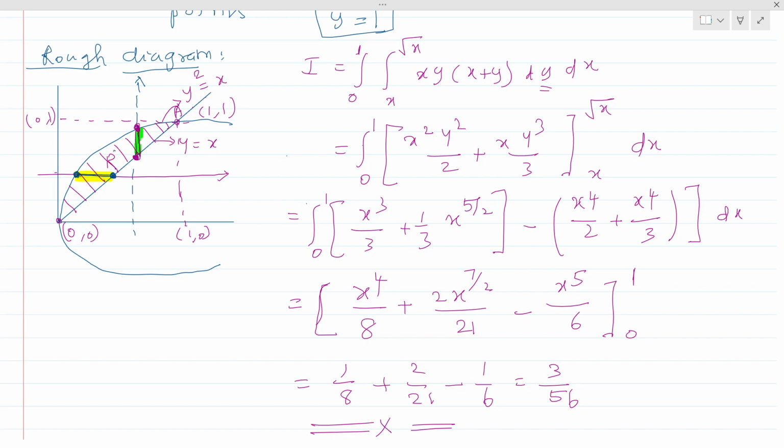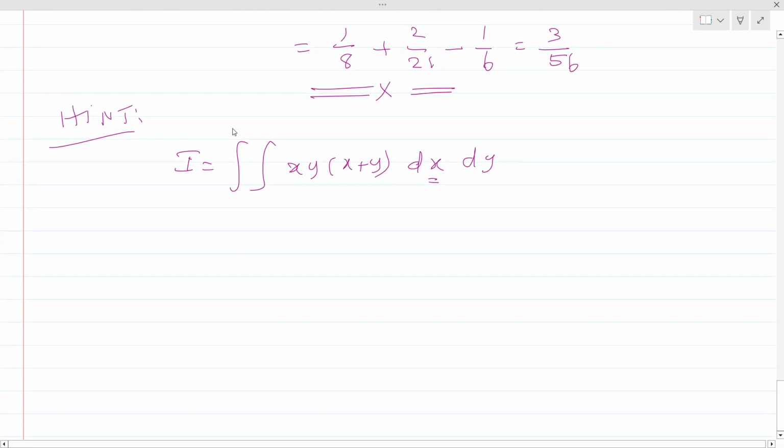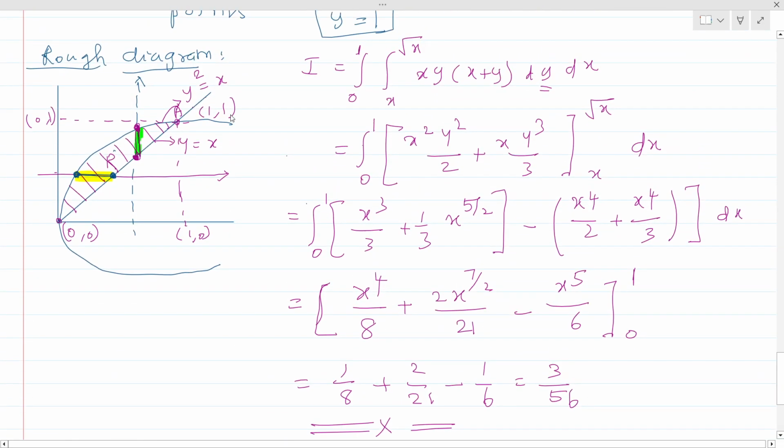So therefore, what is the parabola here? y square equal to x is the parabola, so x equal to y square. Similarly, the end is the straight line. What is the straight line? Straight line is x equal to y. What about the y limits? Intersection points. What are the intersection points? (0, 0) and (1, 1).